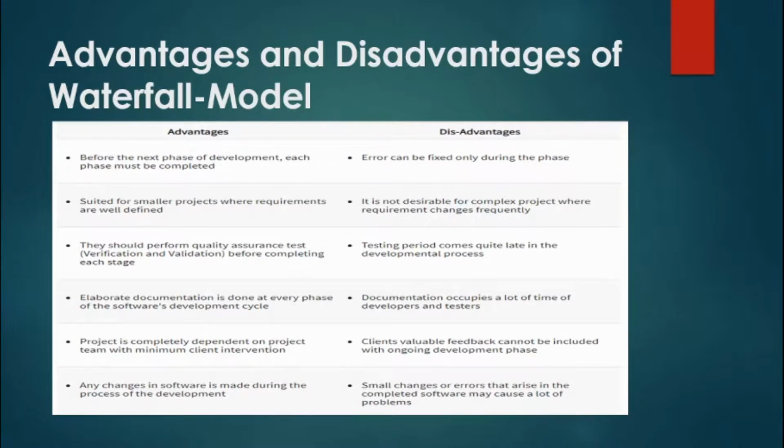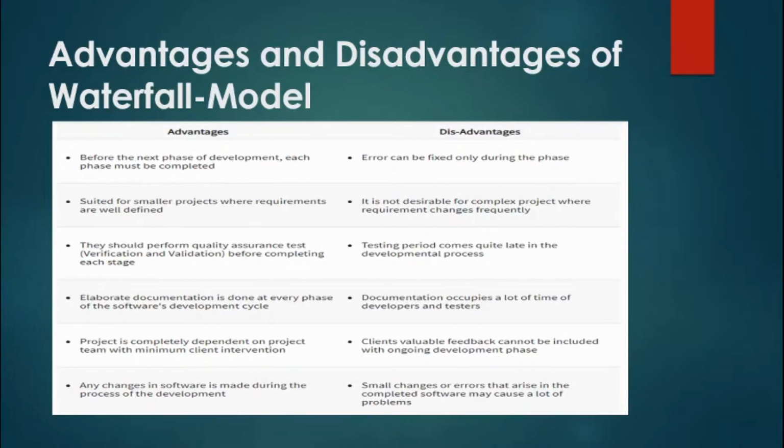Third thing, before completing each stage, quality assurance has to be made in order to make sure that all the phases through which the waterfall model or the application has come are thoroughly tested. Okay.